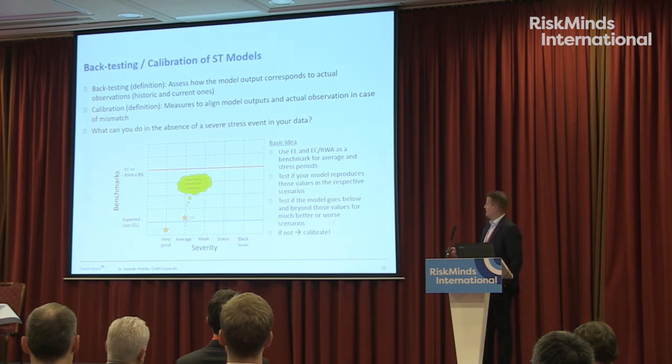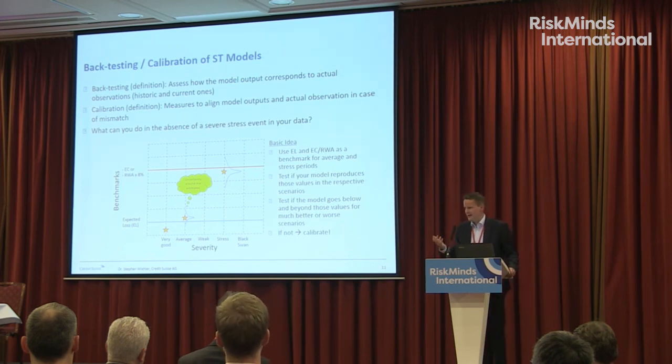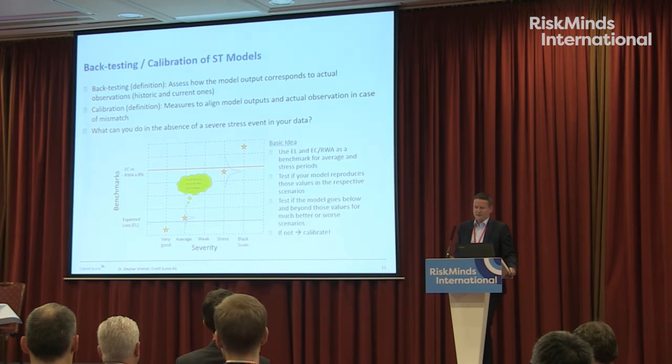And that goes on and on. You look into your history, you take some scenario that reminds you of a 99% worst case scenario, and you would expect that you end up in a range that is expected to be unexpected. And then, of course, the black swan: your model should also be ready to exceed those measures that you have in place if you plug in a really bad scenario. So this is a way to at least test the model sensitivity, whether it's roughly appropriate or in line with your regulator's expectation, if you don't have anything.